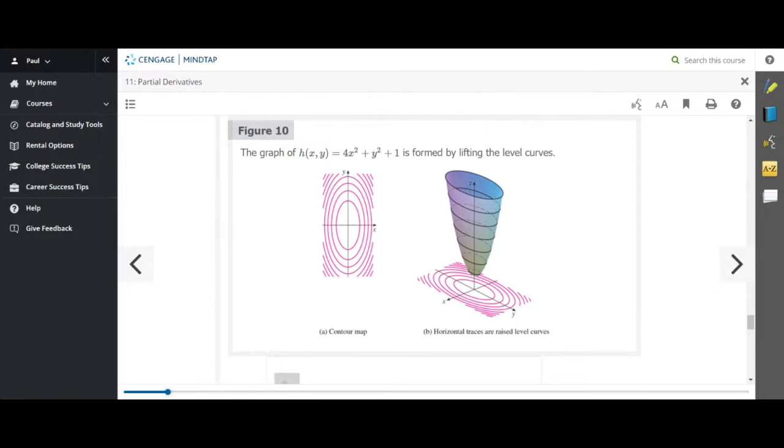Right? Now, one thing I will tell you about the contour map on the left: it doesn't tell you if the surface is increasing or decreasing.